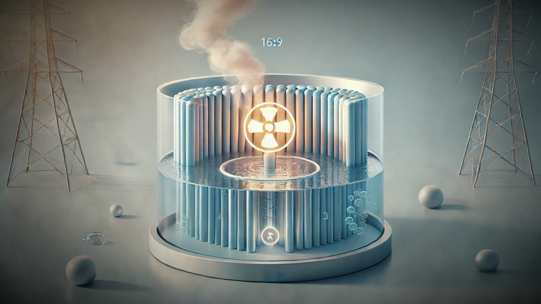The first is the kinetic energy of the fission fragments, which are the two smaller nuclei created after the split. These fragments fly apart at high speeds and collide with surrounding atoms in the fuel material. Their collisions transfer energy in the form of heat, and this heat gradually spreads through the fuel rods.